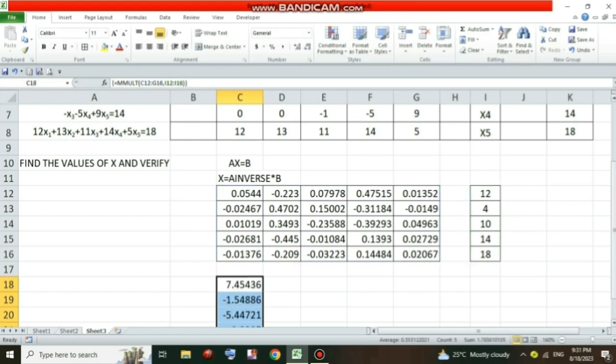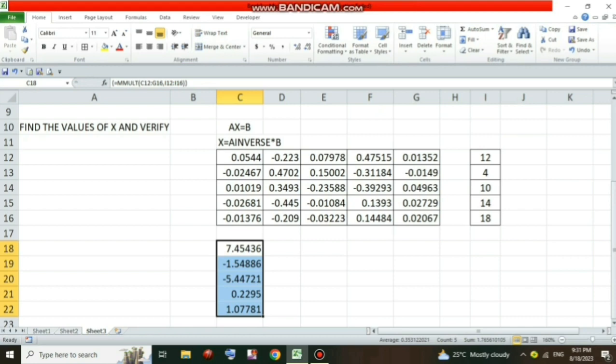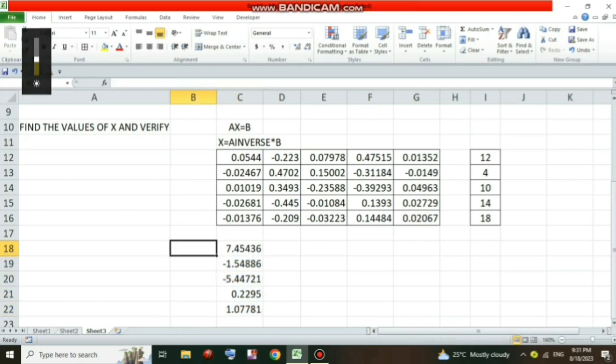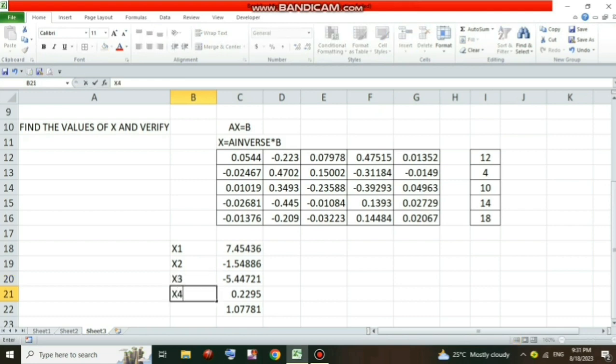I have typed Control Shift and Enter, and these are nothing but the values of x1, x2, x3, x4 and x5. This is the value of x1, this is the value of x2, this is x3, this is x4, and this is the value of x5. So we have got all 5 values now.